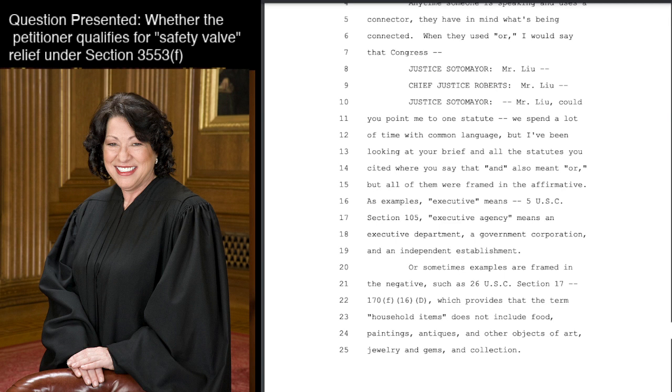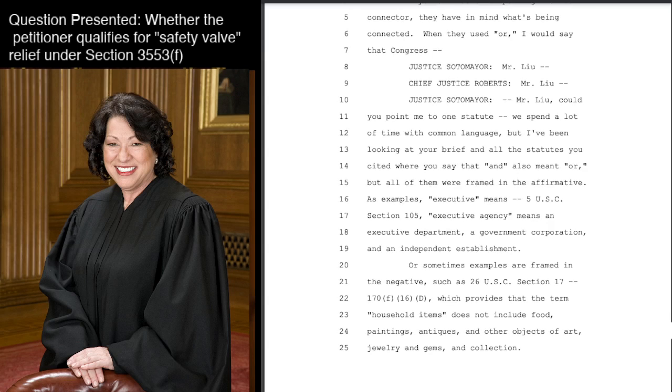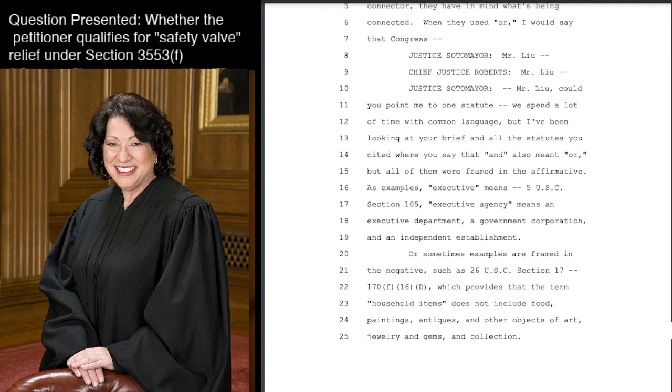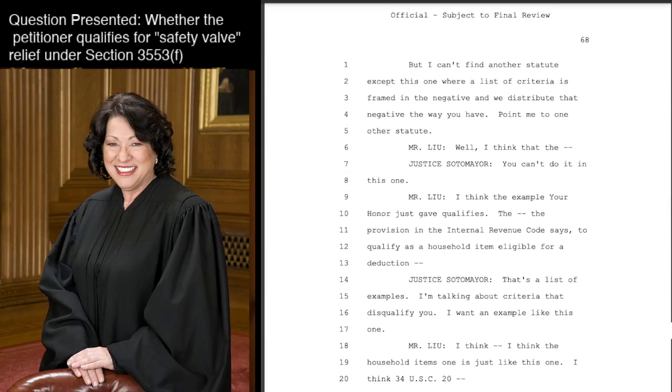As examples, executive agency under 5 U.S.C. Section 105: "Executive agency means an executive department, a government corporation, and an independent establishment." Or sometimes examples are framed in the negative, such as 26 U.S.C. Section 170(f)(16)(D), which provides that the term household items does not include food, paintings, antiques, and other objects of art, jewelry, and gems, and collections.